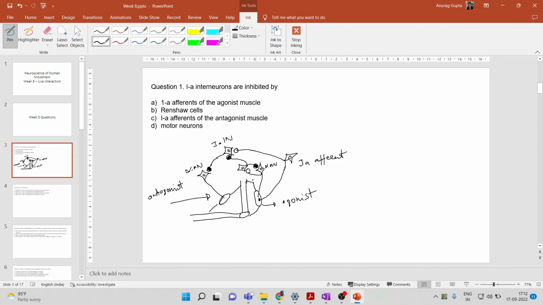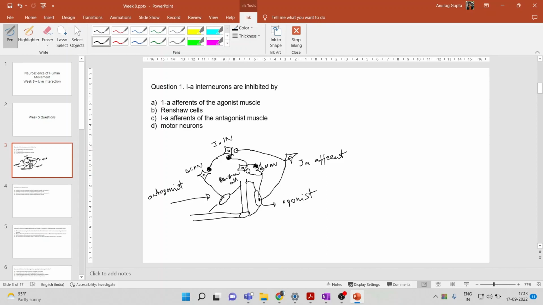So this is a feedback mechanism. When the agonist contracts, the alpha motor neuron that caused the contraction also excites the Renshaw cell. The Renshaw cell inhibits the alpha motor neuron that excited it, which is a form of negative feedback, and it also inhibits the 1A interneuron.